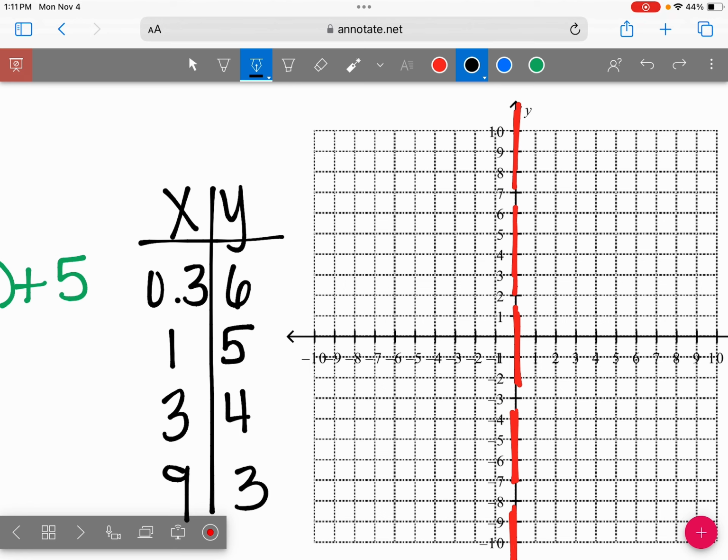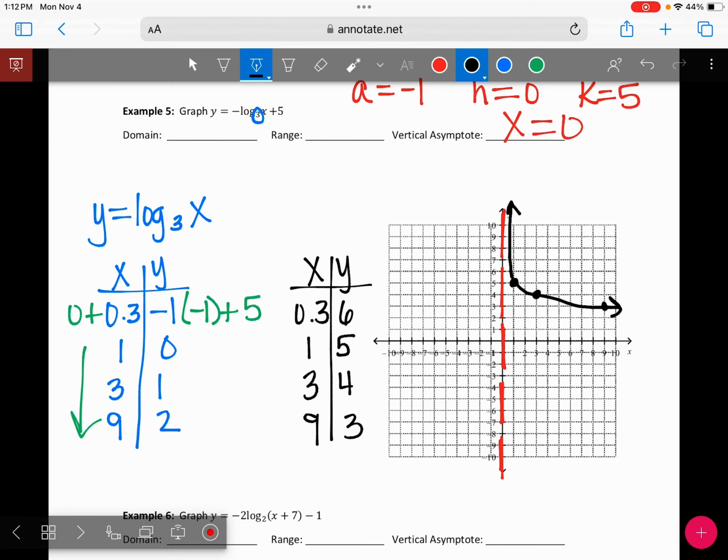So 1, 5, and then it's 3, 4, and then 9, 3. So it's upside down. That's what it looks like.